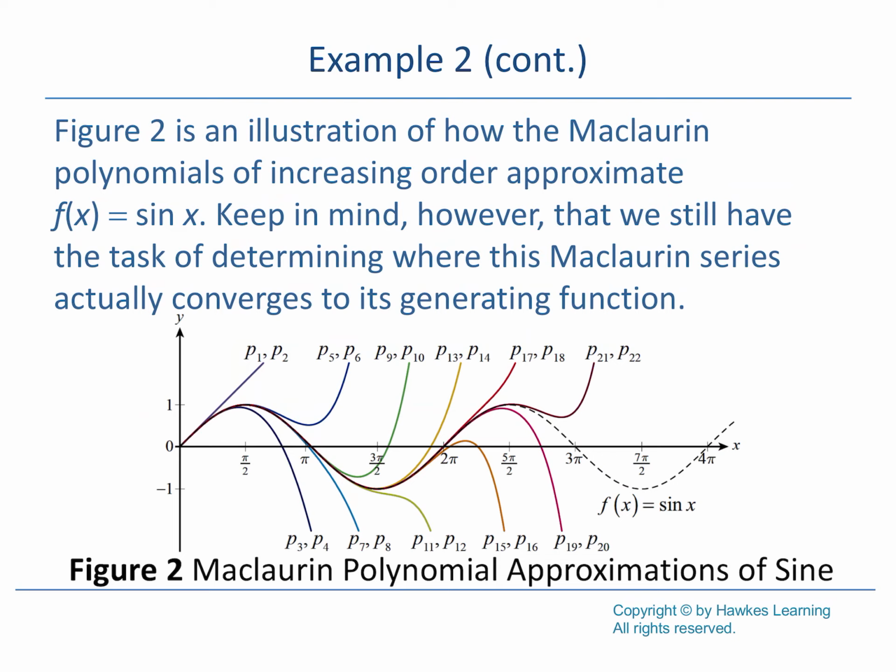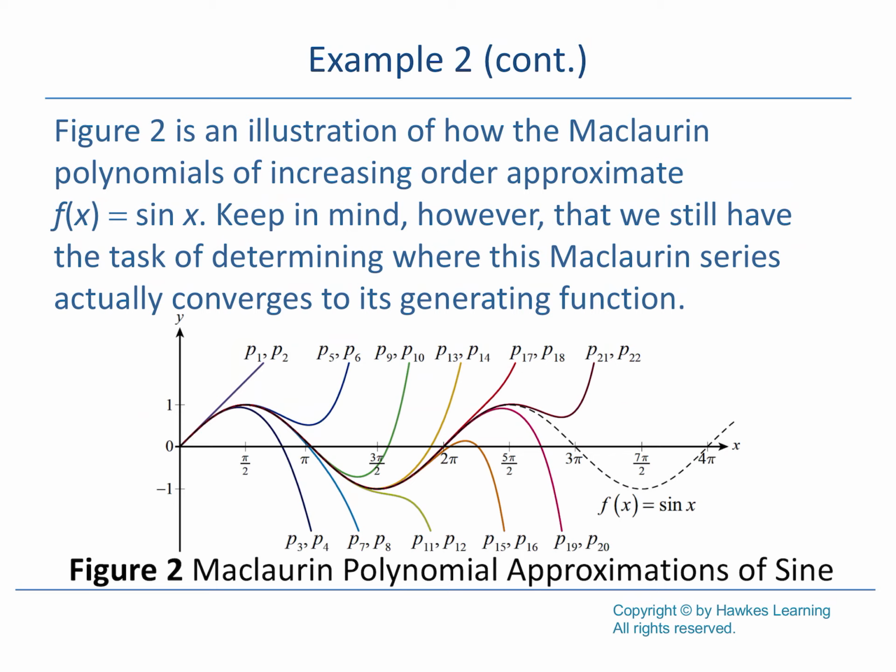Okay, and here's just a look at what all of those polynomial approximations of sine would look like. And they do get better and better as you increase the order of the polynomials. These ones go all the way out to the 22nd polynomial, so that's a polynomial with a degree of 22.